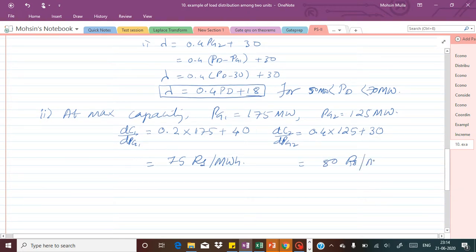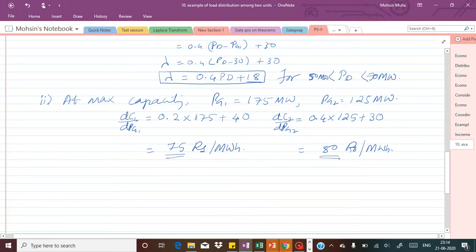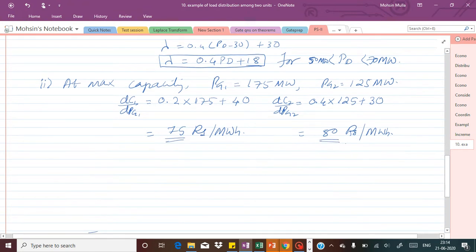80 rupees per megawatt hour. Now observing these two values, the incremental cost of the second plant is higher at the maximum capacity, 80 rupees, while the incremental fuel cost of plant 1 is 75 rupees, which is lower at the maximum capacity.